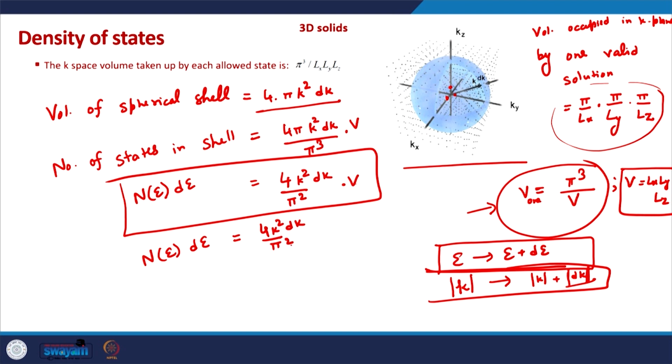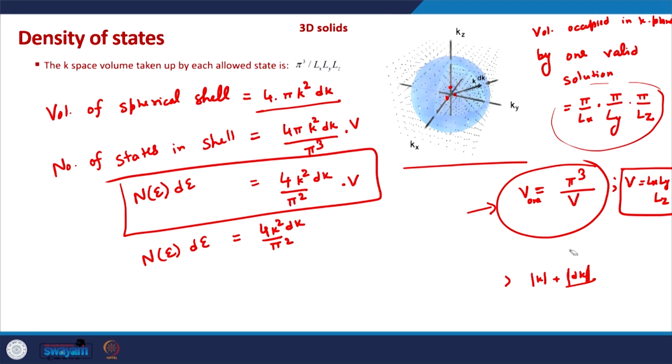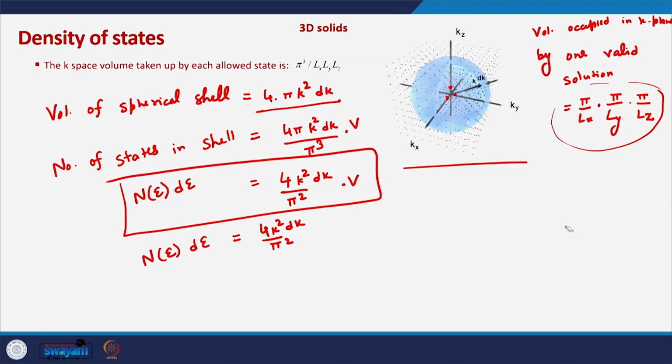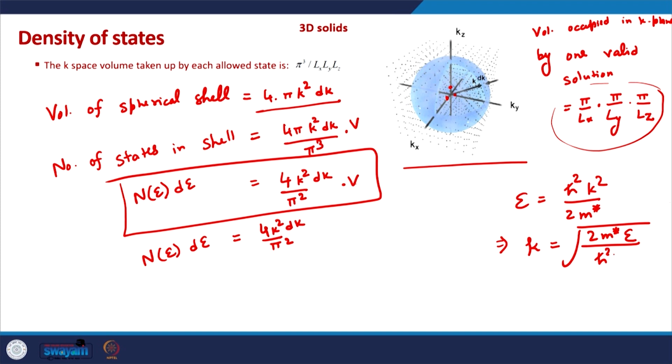Now, this right hand side is in terms of k, we need to convert it in terms of E, and for this we will use our E-k relationship that we discussed on the previous slide. Okay. So, the E-k relationship that we take is E equals h bar square k square divided by 2 m star, which means k is square root of 2 m star E divided by h bar square.